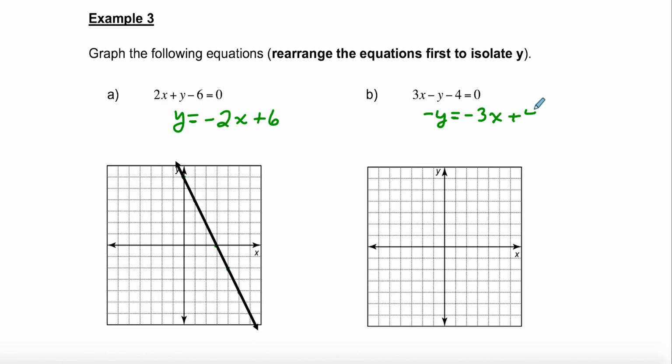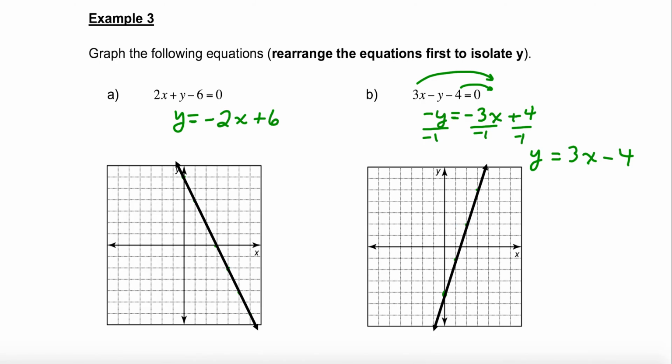I move all of the other terms over, and they change signs when they come over. This is negative y, I don't like that. I've got to divide everything by negative 1. So I get y = positive 3x minus 4, because 4 divided by negative 1 is negative 4. Now I know how to graph it. 1, 2, 3, 4. Go to negative 4, up 3 over 1, up 3 over 1. And there's y = 3x - 4.